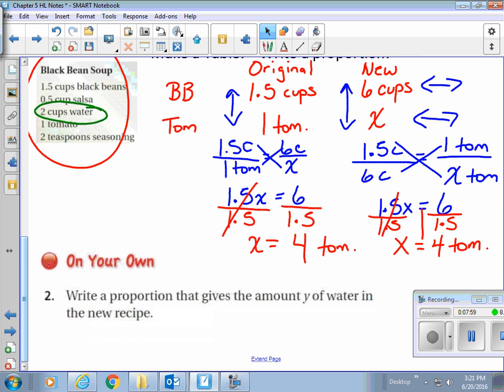If you want, write a new table first, using your black beans and water. Instead of having 6 cups over here of black beans, we're looking for water here. So you can do cups of black beans over, instead of a tomato, make that tomato your water.